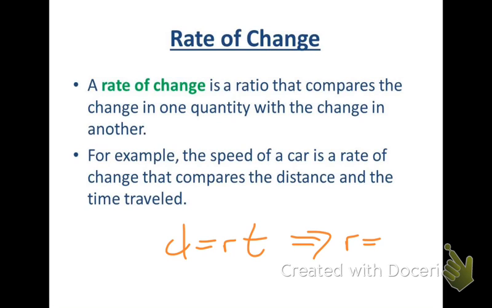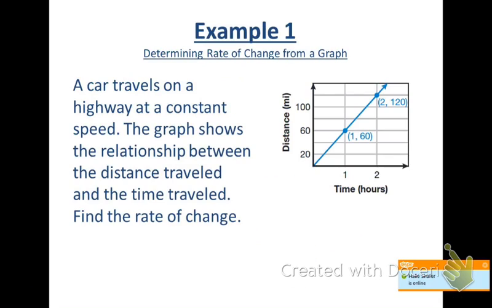R equals D divided by T. Okay, so the speed of a car is a rate that compares distance and time. Okay, it's a rate of change. That's why it's given as miles per hour or feet per second or kilometers per hour, all those different types of things. Okay, a car travels on a highway at a constant speed.